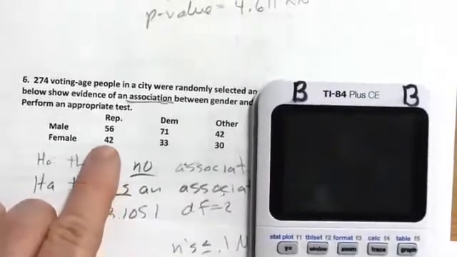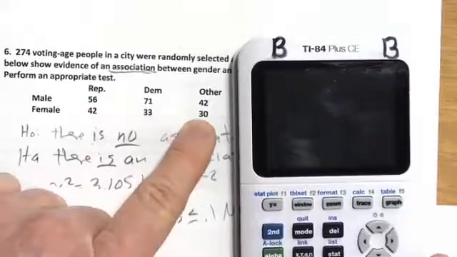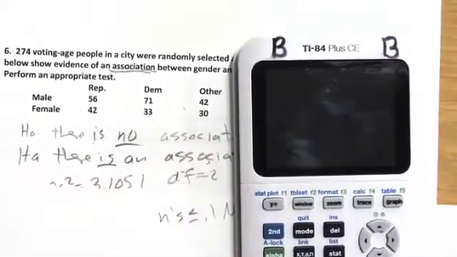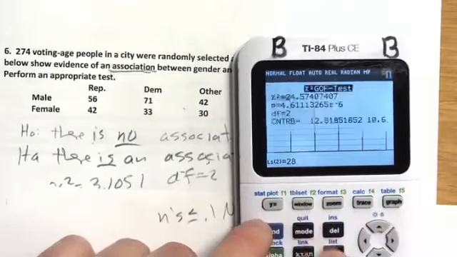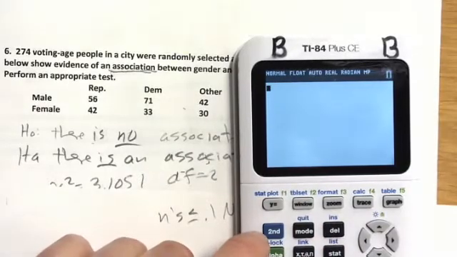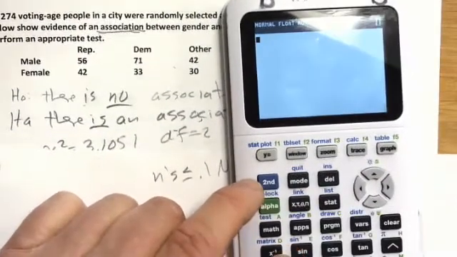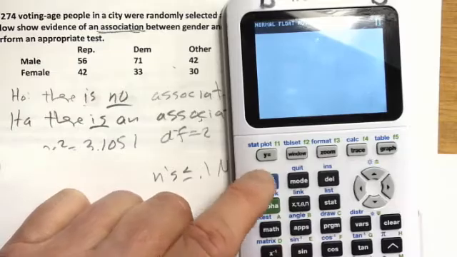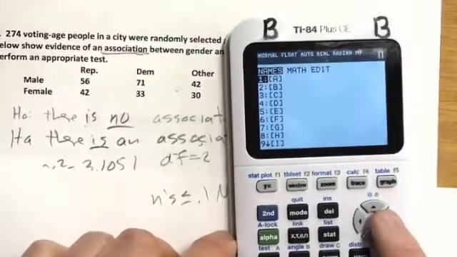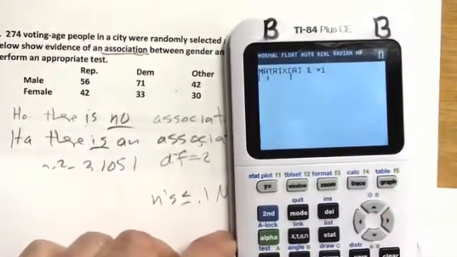We're going to put this 2 by 3 table in a matrix. Whenever you do a chi-square test of association or homogeneity, you're going to put it into a matrix. So let me quit out of this. We're going to go second matrix, which is right above the x to the negative 1 button, right below the math button. So second x to the negative 1, which is matrix. And I'm going to go edit matrix A. So I hit enter.